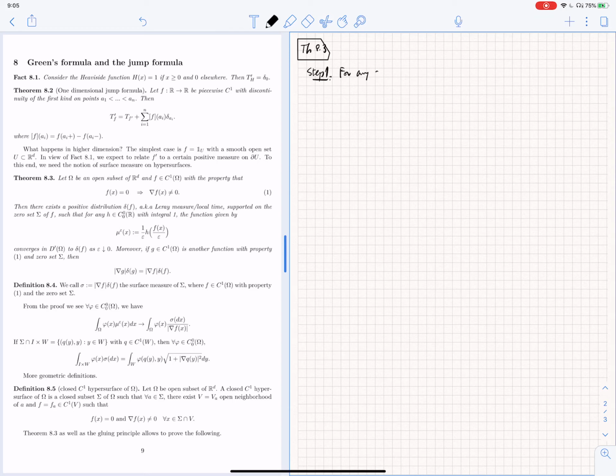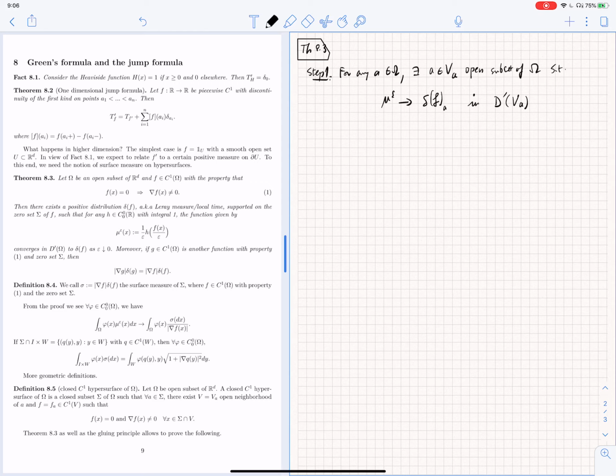So for any A in omega, an open set, there exists a certain neighborhood of A, an open subset of omega, such that this mu epsilon converges to delta f_A in the sense of distribution on V_A.